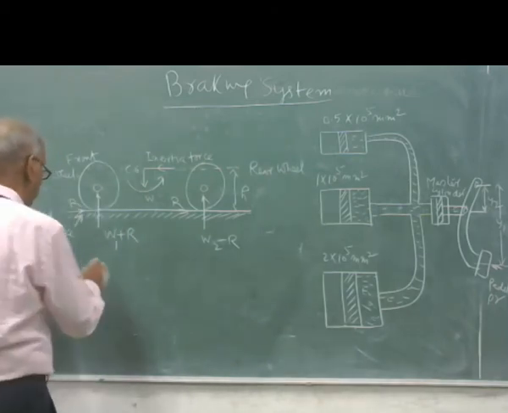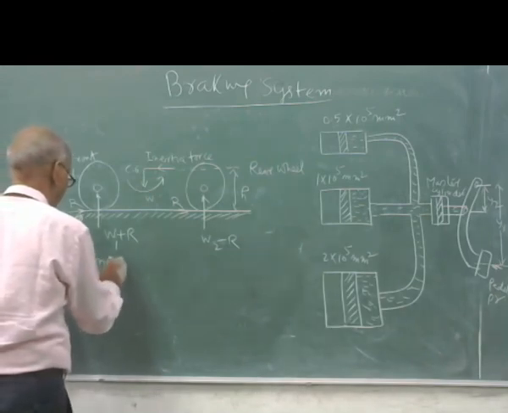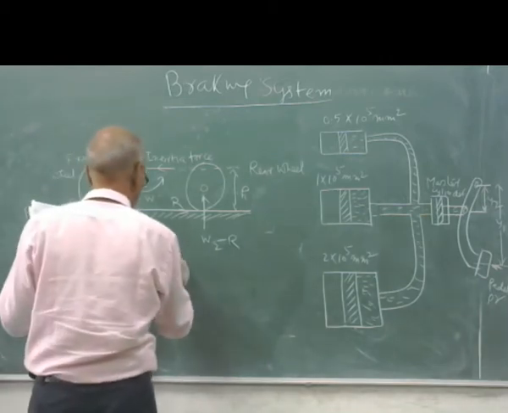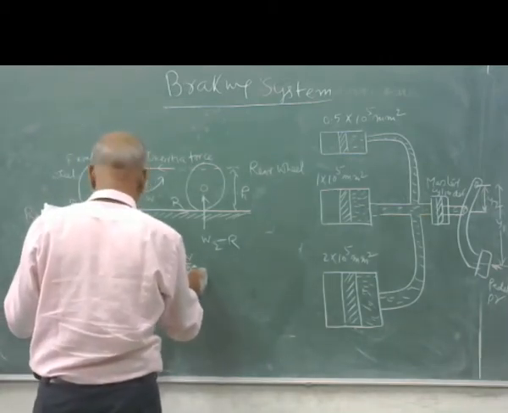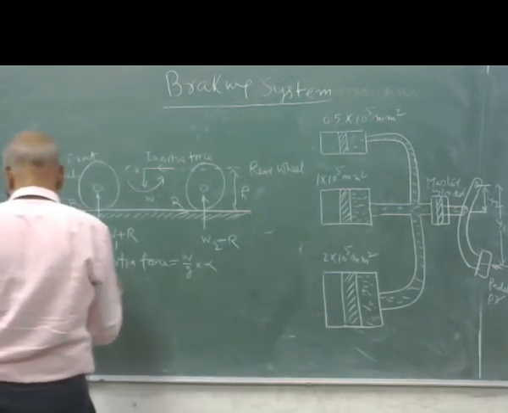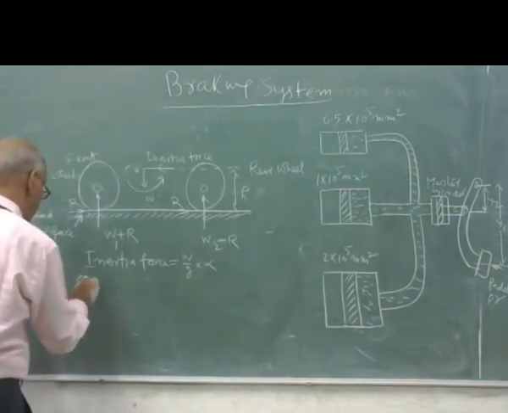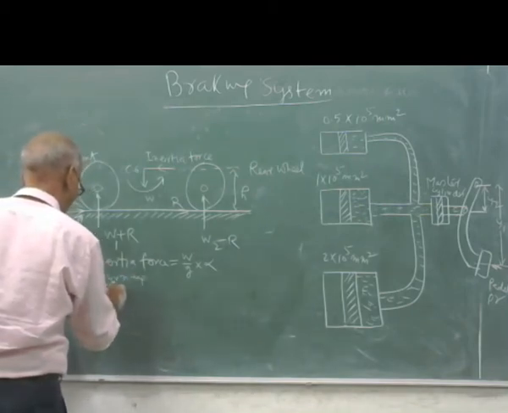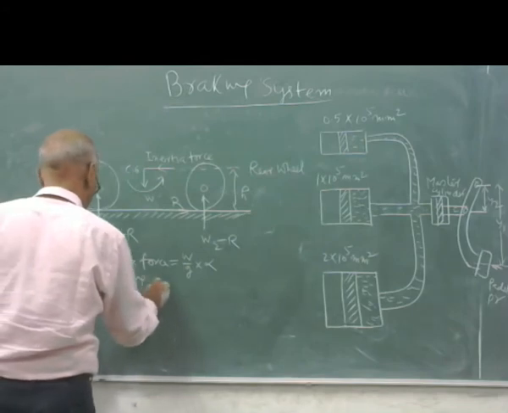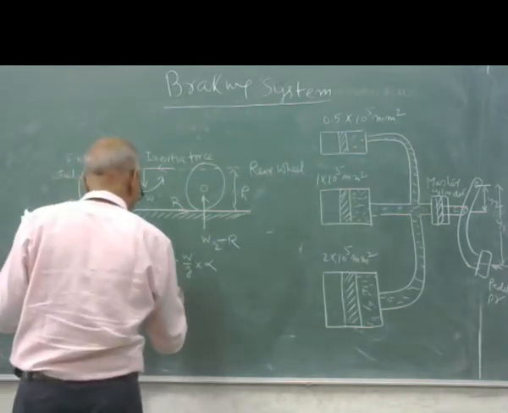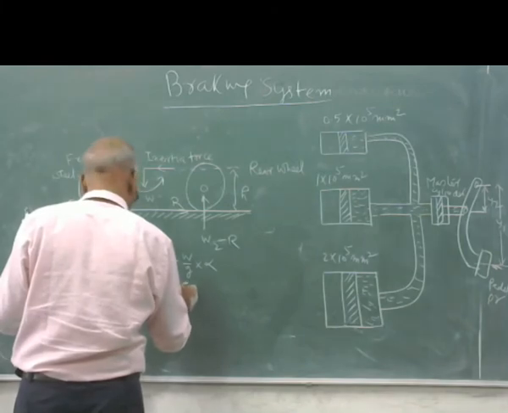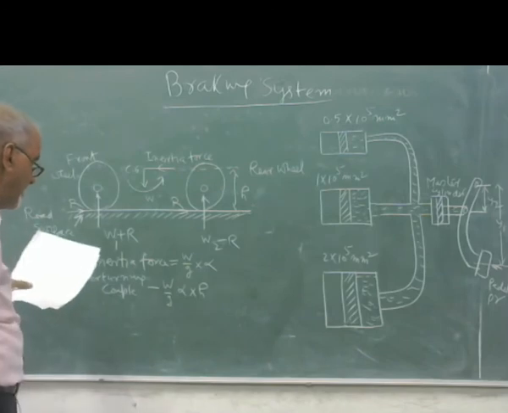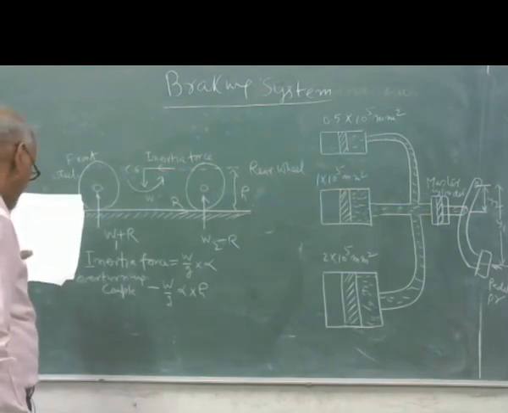Then the inertia force is equal to W by g into alpha, and the overturning couple is W by g alpha into H, where H is the height of the center of gravity from the road surface.